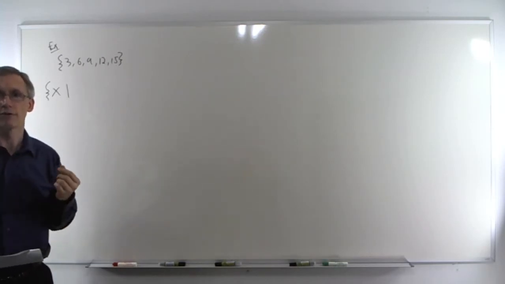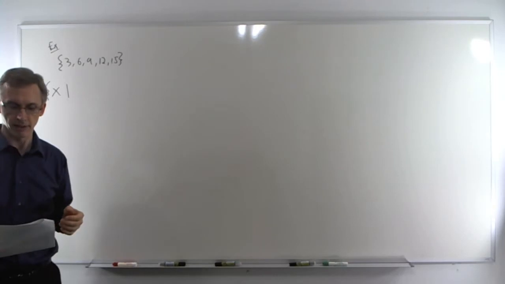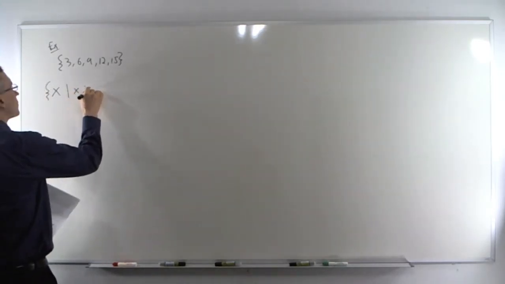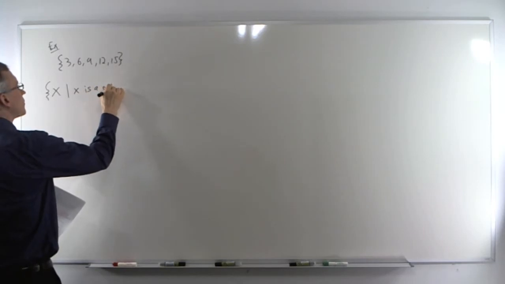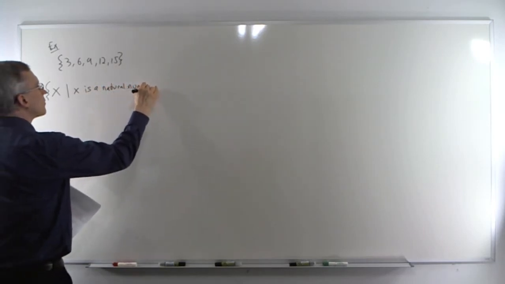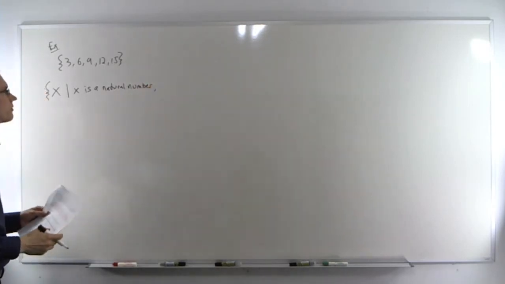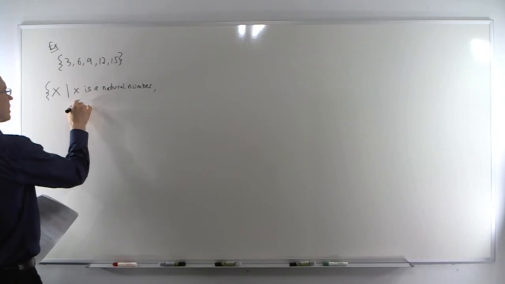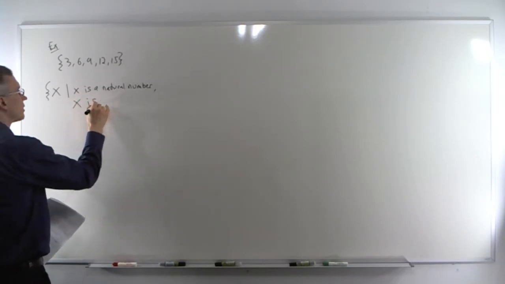So that rules out the whole numbers. So the set has to be the natural numbers. So x is a natural number, and as said, x is a multiple of 3.